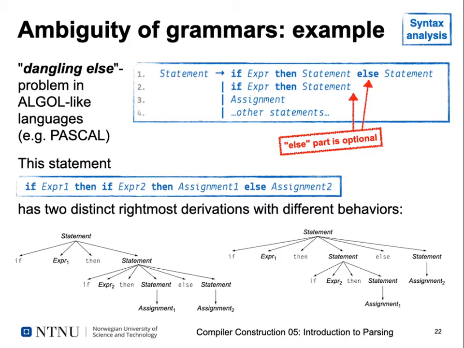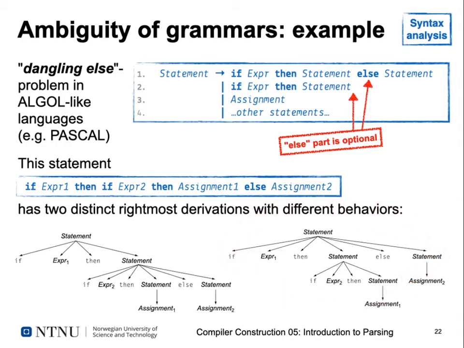So if you take rightmost derivations, you can now have two different rightmost derivations depending on if you choose rule 1 or rule 2 first. So this actually decides if the else is matched to our first outer if. This would be if you derive rule 1 first here.